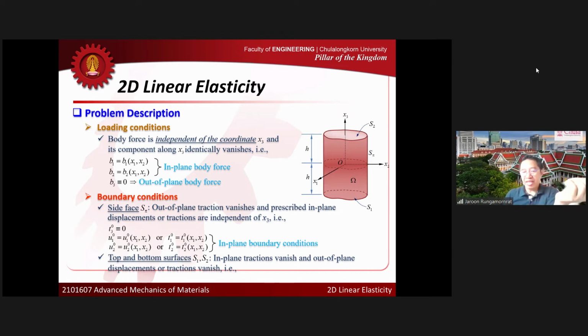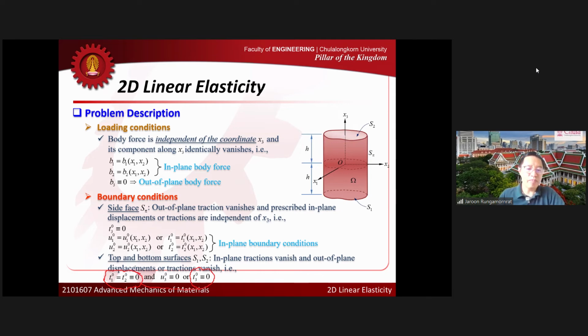So there are two cases that we look at here. The first case, we look at the traction-free condition at both ends. So this condition combined with that one, that is the first case. We look at the body that's subjected to 0 traction in all directions at both ends.